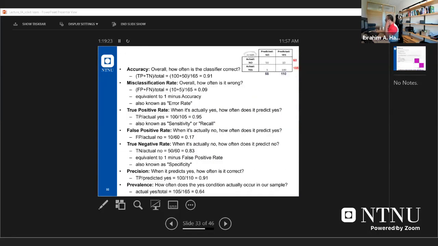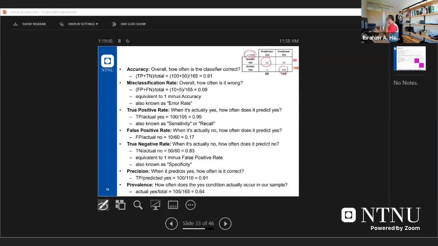From those we can find the accuracy. So the accuracy will be true positive plus true negative divided by total. What is the true positive? This is the true positive and this is the true negative, divided by total.